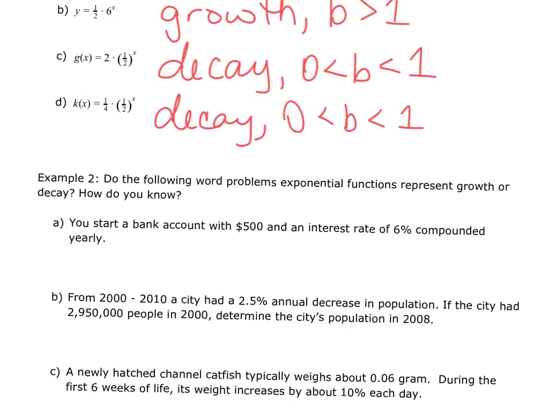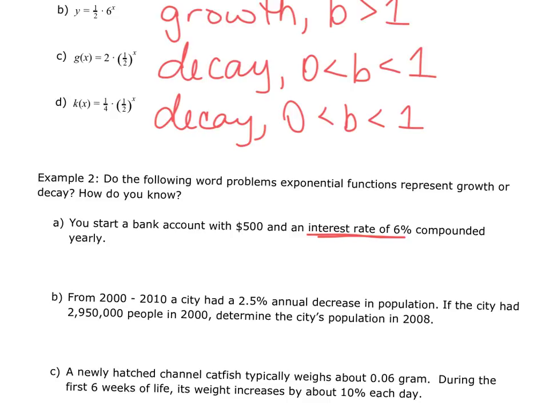So what this means is you go to the bank and you put $500 in a bank account, right? What does this interest rate of 6% mean? You get 6% each year, right? So are you making money? You get 6% of what's in the bank, of all the money.